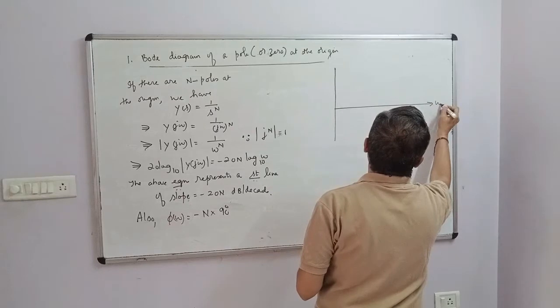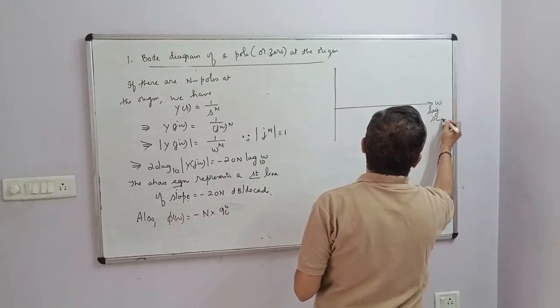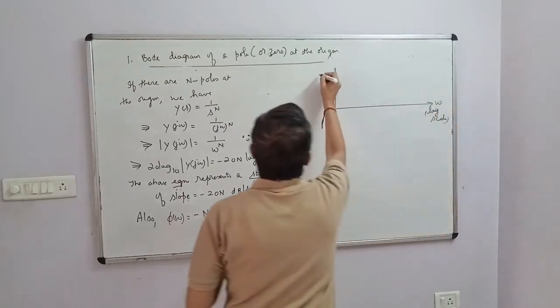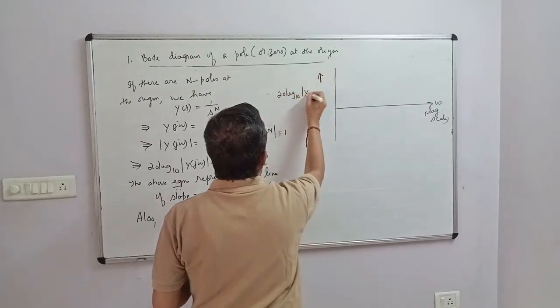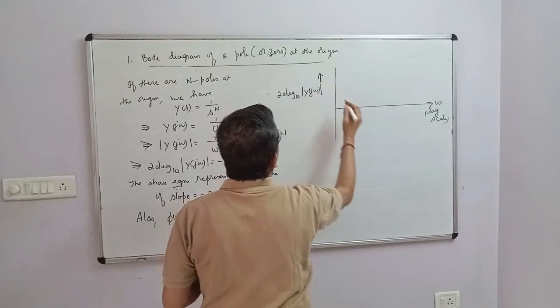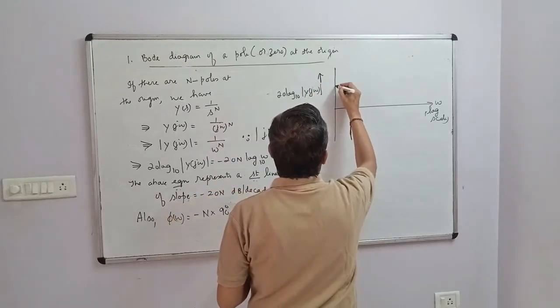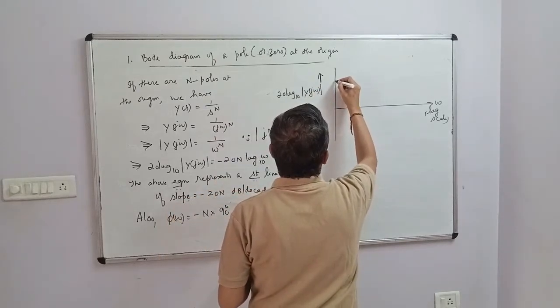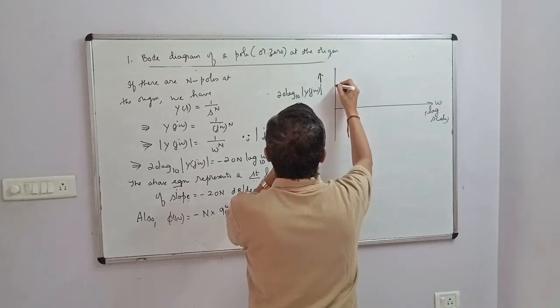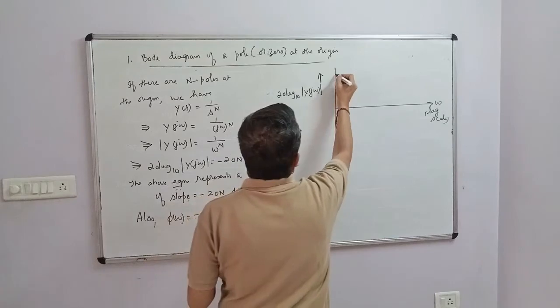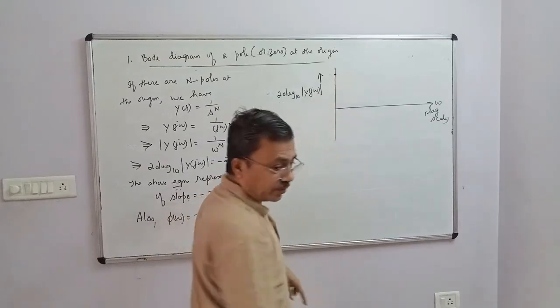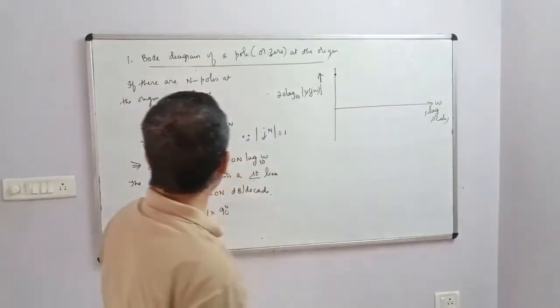The x-axis is omega in log scale. Omega in log scale means it is log omega. The y-axis is 20 log to base 10 of the magnitude of Y of j omega. This is the line. Slope is what? Slope is minus 20 into n. On the y-axis, for example, I will take n equal to 2.